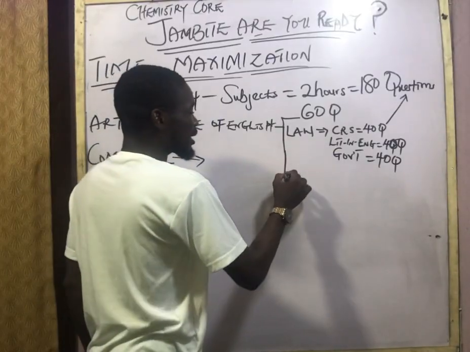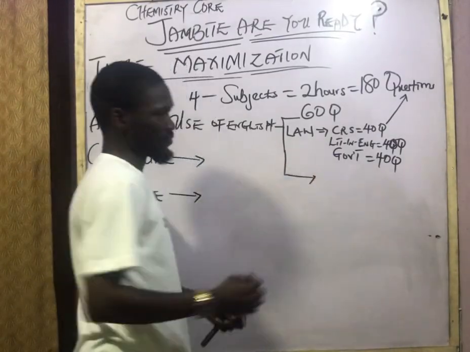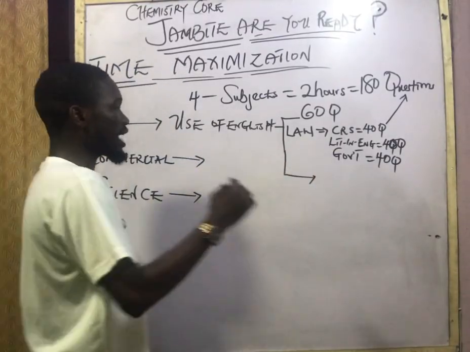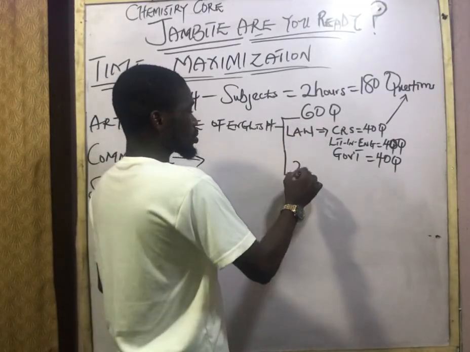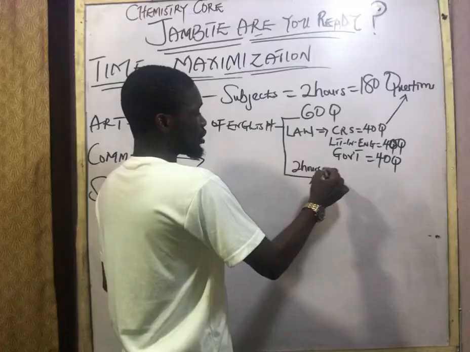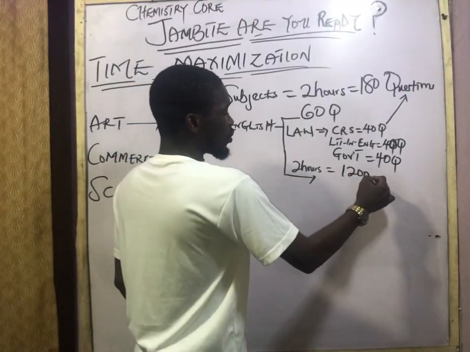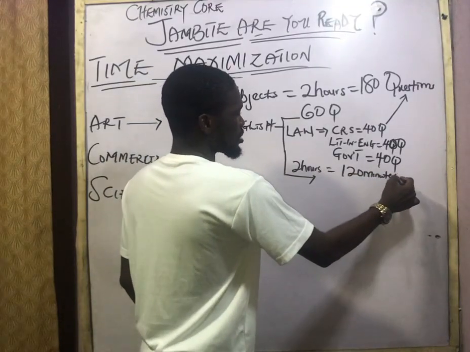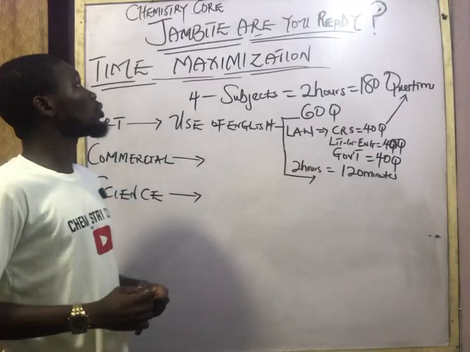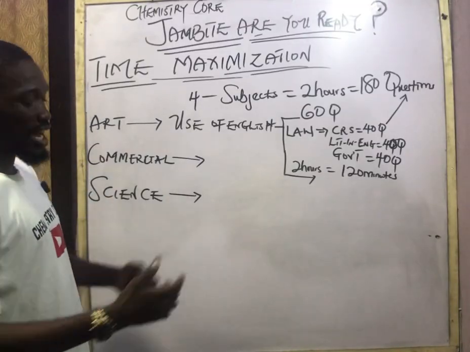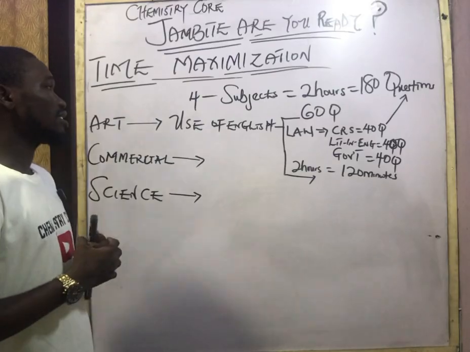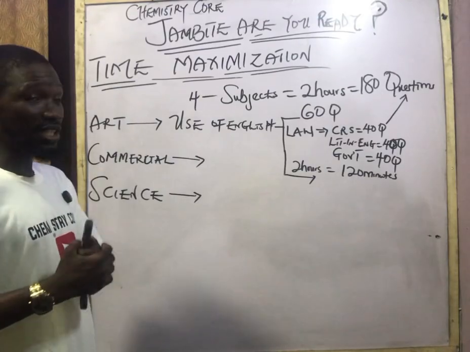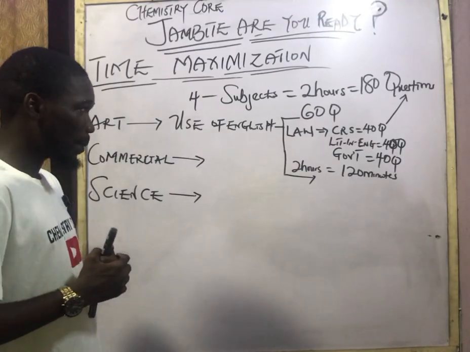If we are to make our time out of this, we said 2 hours equals 180 questions. 2 hours is equivalent to 120 minutes. Now, how can we share our 120 minutes with the 4 subjects you are sitting for?